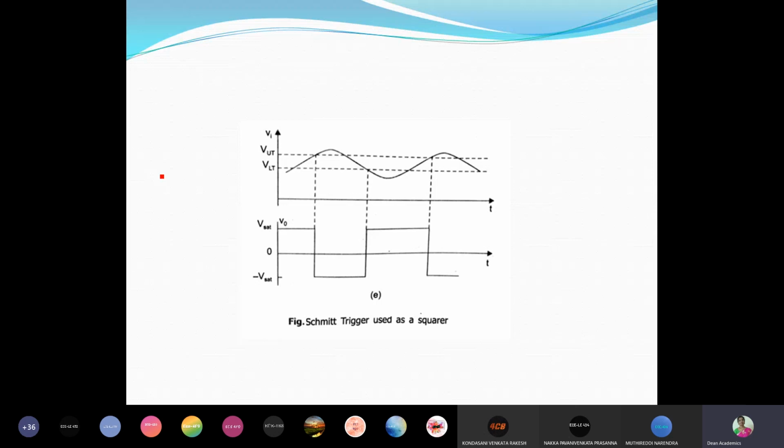This is the input voltage, and this is the output voltage. How does the output voltage change because of the positive feedback? It is clear that output changes between plus Vsat and minus Vsat. Then we have to understand when it goes to plus Vsat and when it goes to minus Vsat.